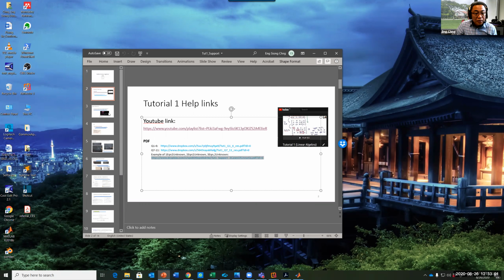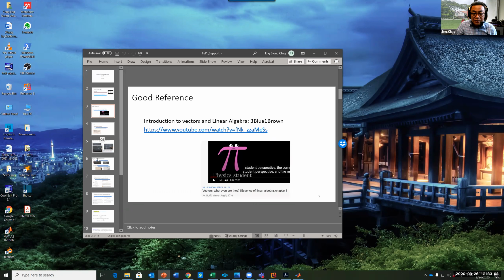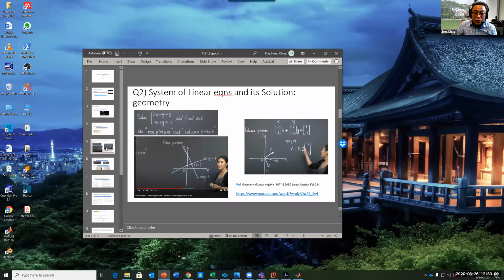All right. Now, what about the rest of the slides? It is basically things that I have found to be useful, and you can also go through them as well. For example, the MIT videos going through geometry and going from equations to a line, and then what the unique solution is, which is the intersection of points.